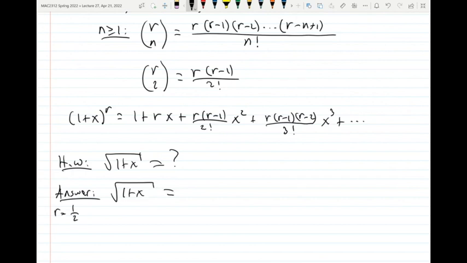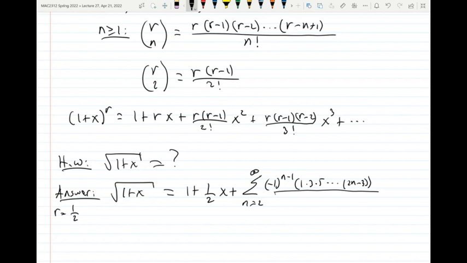So when you take r equals 1/2 in there, you're going to get 1 plus 1/2 times x, and then the sum from 2 to infinity of negative 1 to the n minus 1, then you get 1 times 3 times 5, all the way up to 2n minus 3, divided by 2 to the n times n factorial, x to the n.